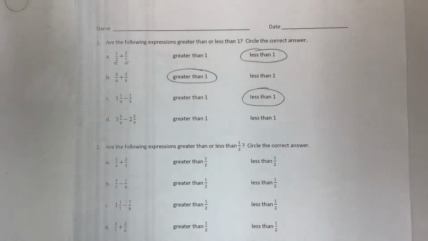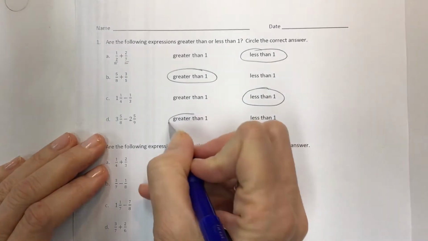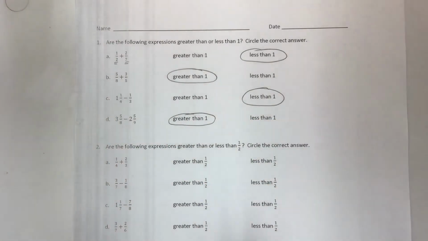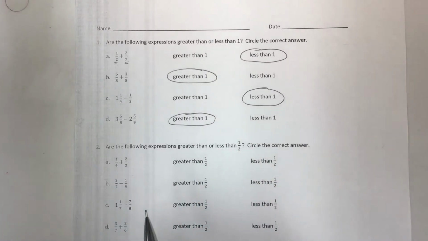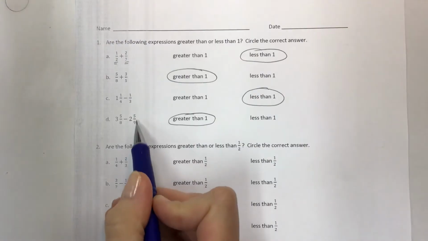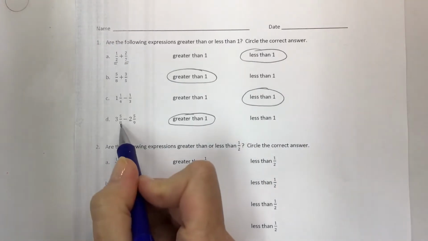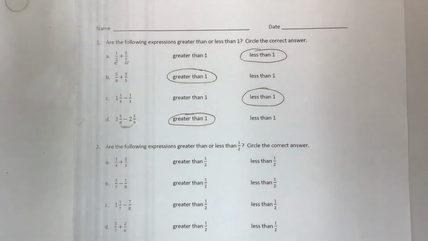So we would end up with a little bit. This is a very, very tiny difference, because you're going to take away less than what you had. You're taking away less than what you had, okay? So we end up with something greater than 1.